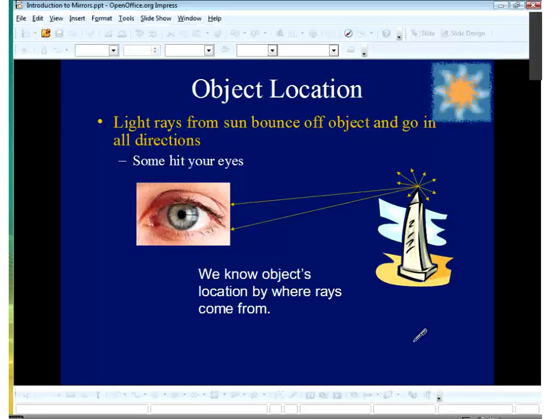So a source of light should be there. If the sun is not there, it's dark, it is outside, and no other source is there, then there are no rays for the object to reflect. So obviously it won't be visible.